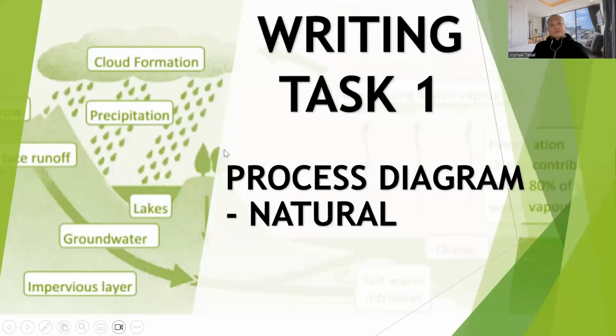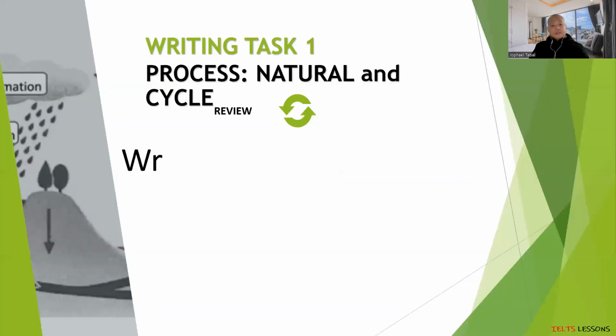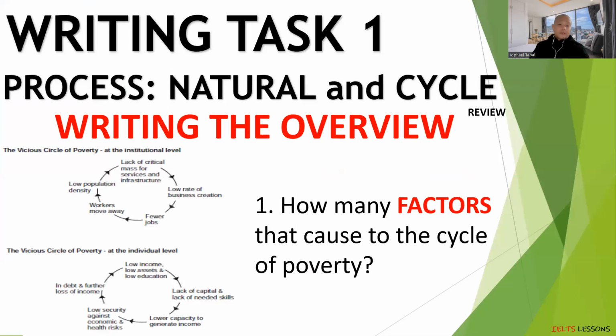You see a cycle like this one, for example. Here, we don't use the vocab of stage language, for example first, second, finally, next. We don't do that. As I said earlier, in a cycle diagram like this one, the main vocab that we're going to use is cause and effect, which we will check later on.